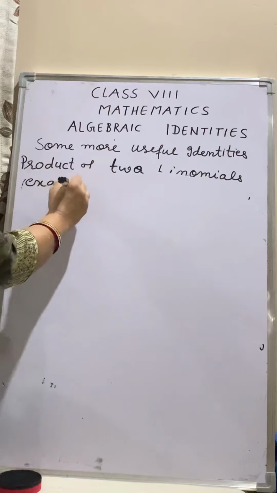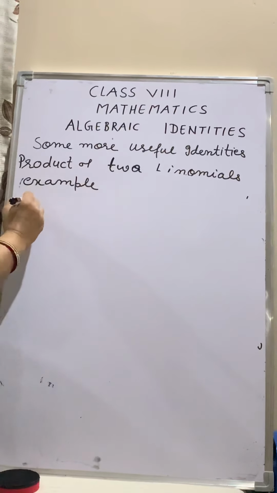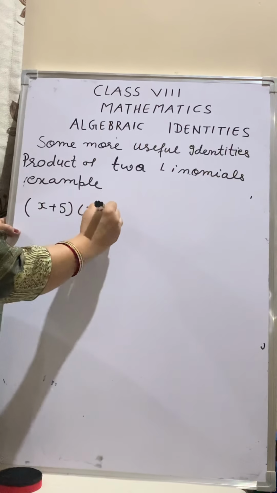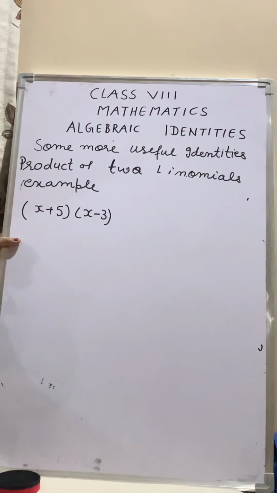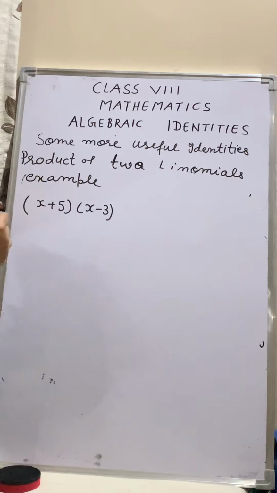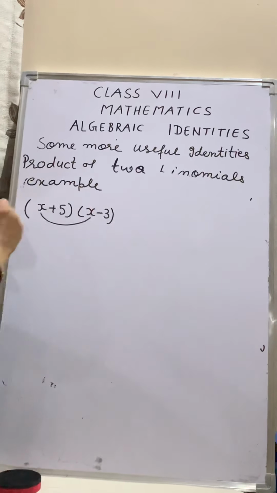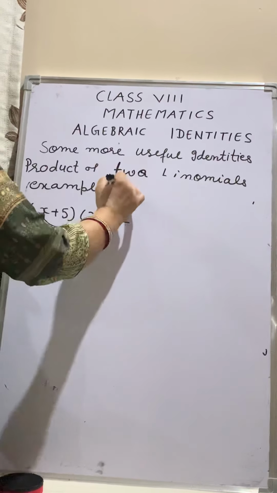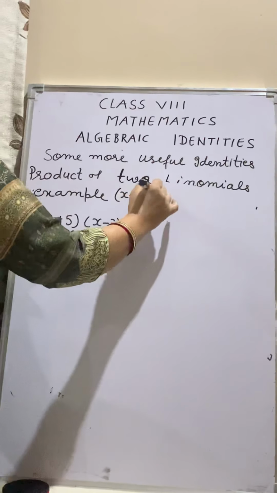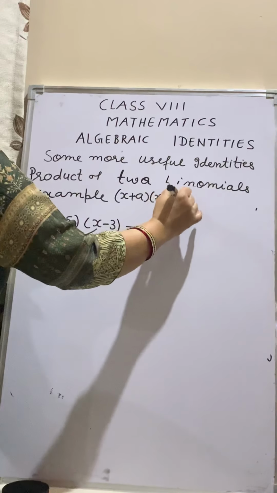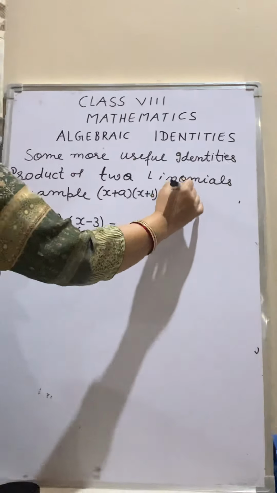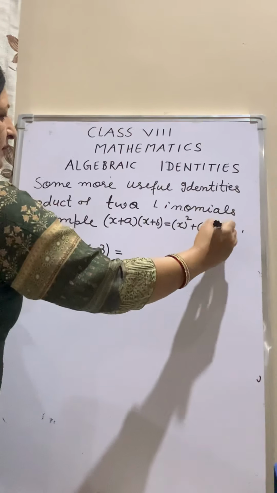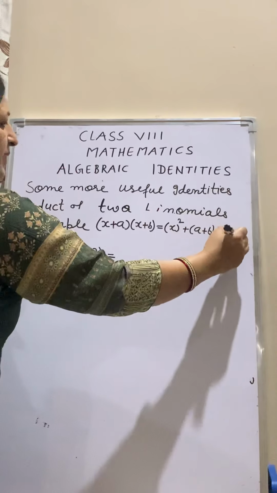Example, if we have to multiply x plus 5 and x minus 3, one condition should be there, the first term in both binomials should be the same. We will write x plus a, x plus b is equal to whole square of the first plus a plus b, multiplied with x, and plus ab.